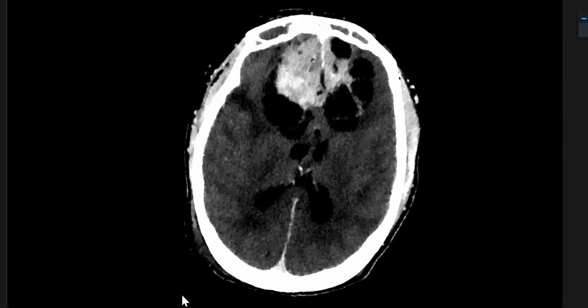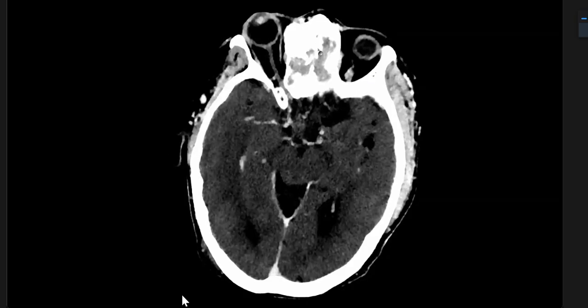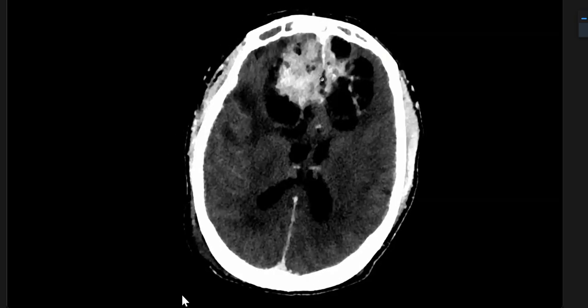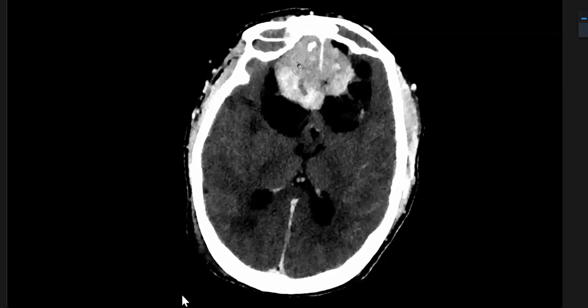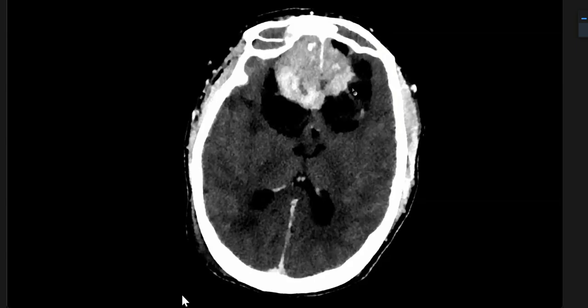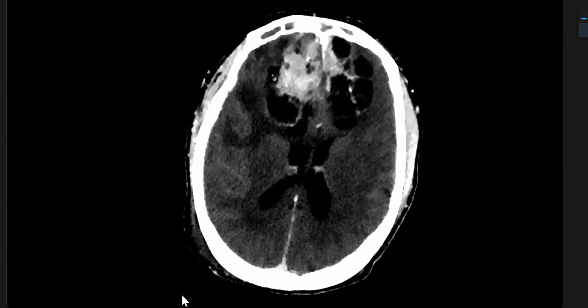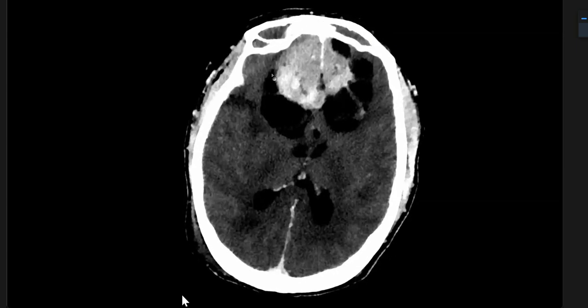Since it's coming from midline, it's going in both directions. The hallmark of olfactory neuroblastoma is those cystic areas between the mass and the normal brain.